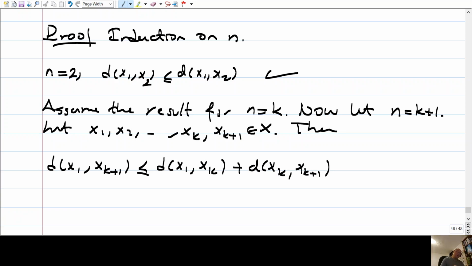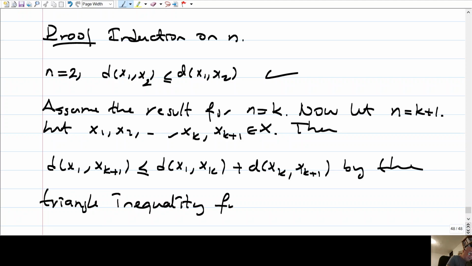This is just the triangle inequality for x1, xk and xk plus 1, by the triangle inequality for the triple x1, xk and xk plus 1.